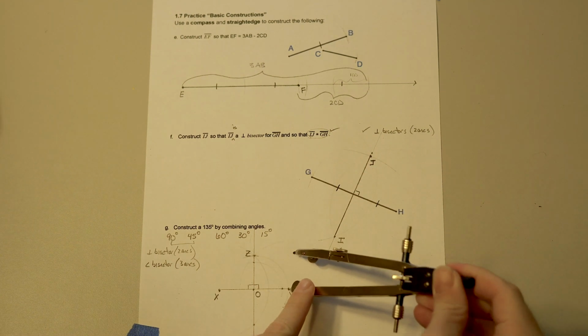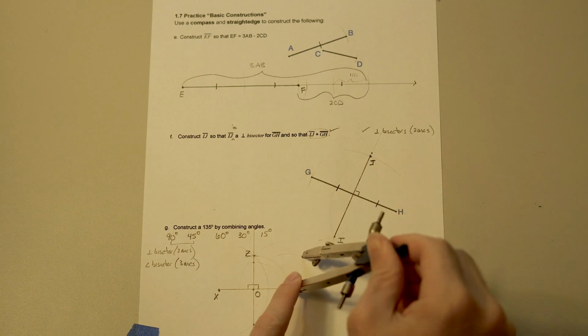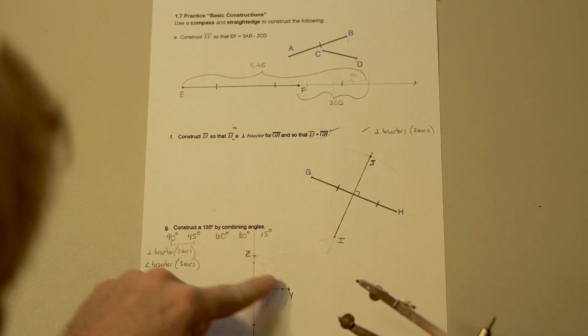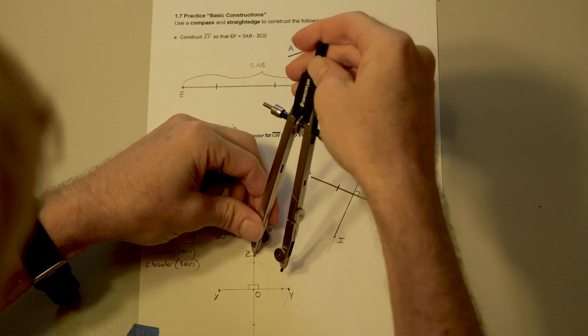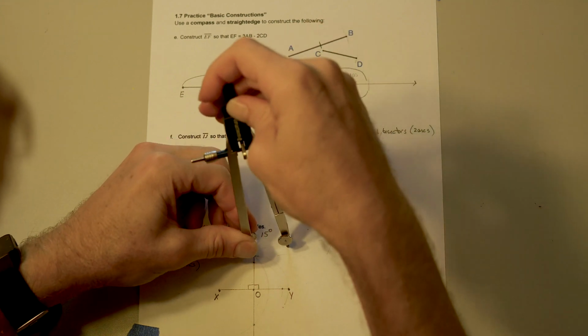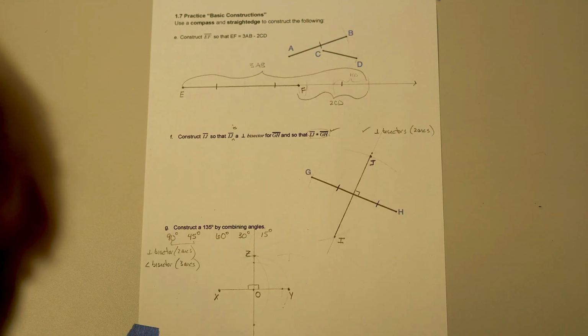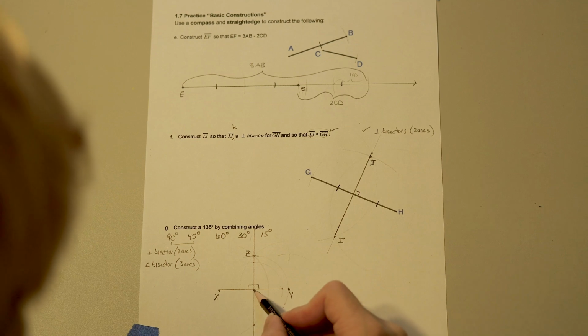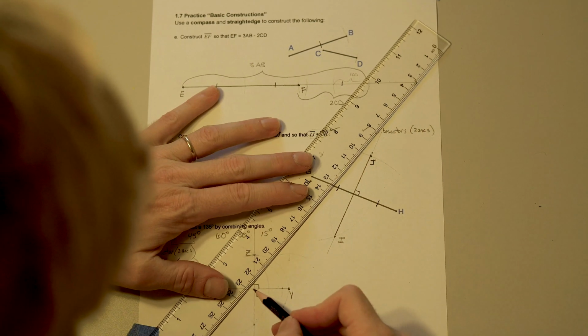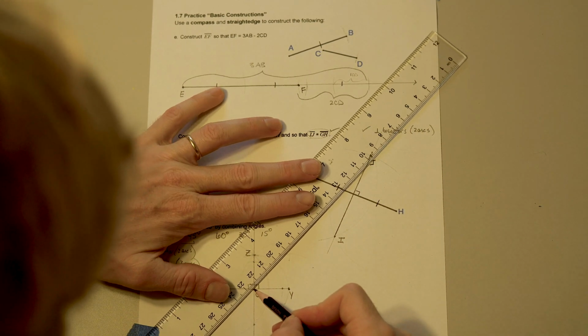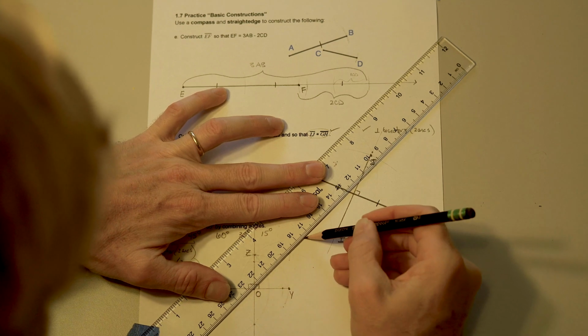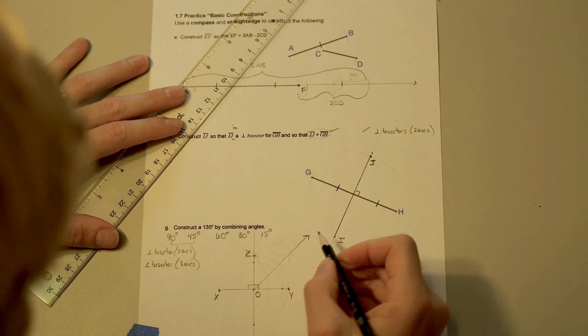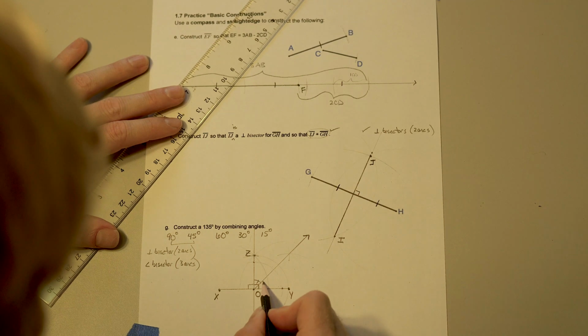Then I'm going to make an arc from Y out here in this quadrant, and then an arc from Z, and then here is the bisector. We go from the vertex through this intersection, and we just cut this in half.